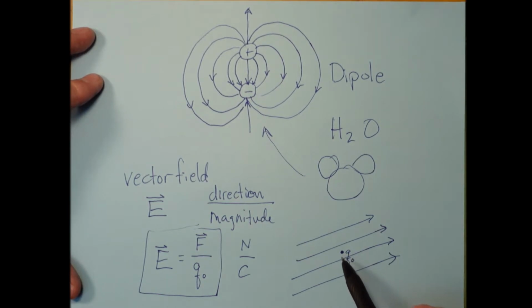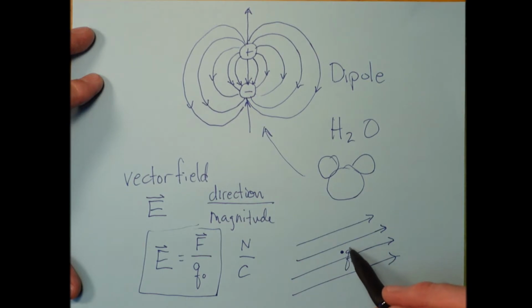You want it to be small because you're going to use it to test what's going on in this electric field that is external to the charge. The reason you want it small is so that its own electric field does not affect the surrounding electric field. So you're using this charge to test the electric field.